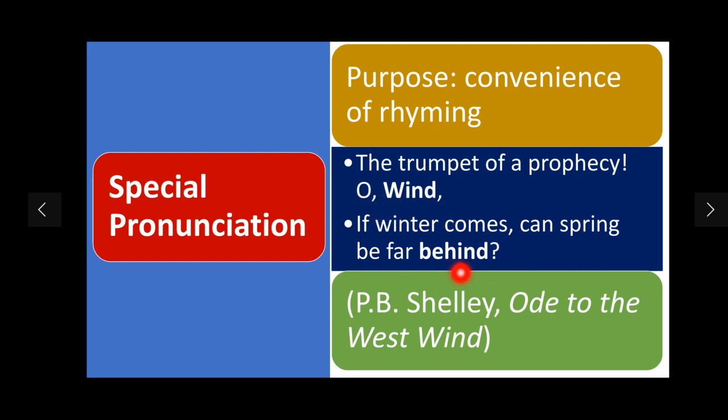In order to rhyme it with "behind", we will say "wined", and in order to rhyme it with "wind", we will say "behinned". So sometimes the poet will create and produce spatial pronunciation. This line has been taken from Shelley's Ode to the West Wind.